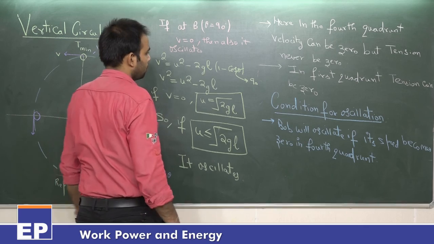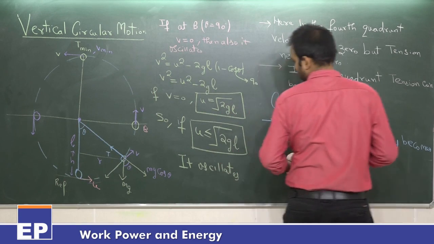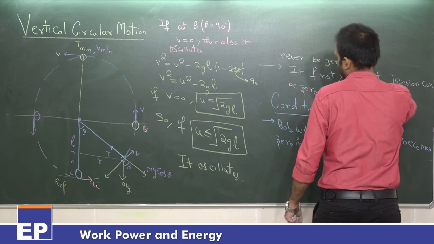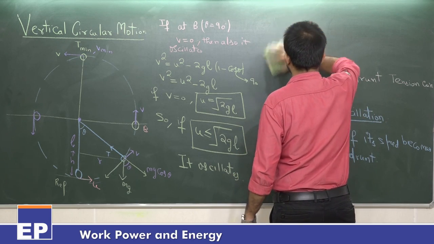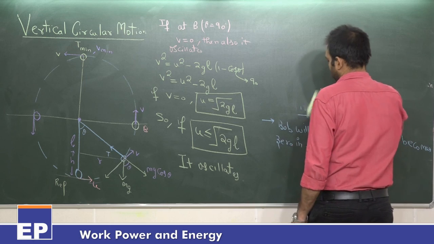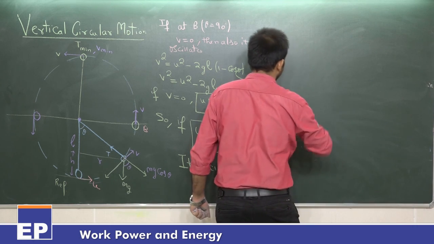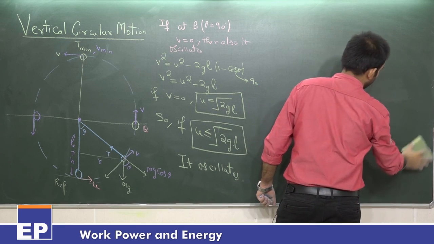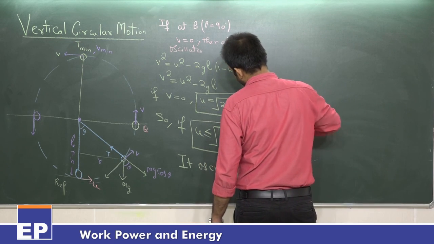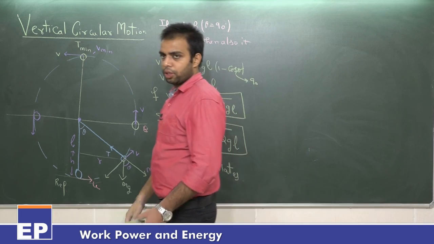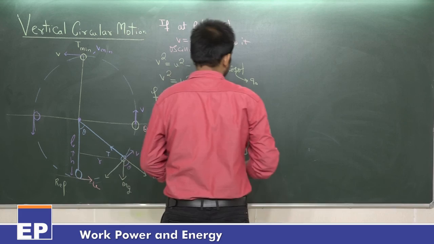Right? If U is less than or equal to root 2GL, it oscillates.